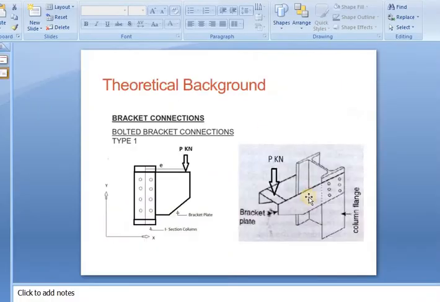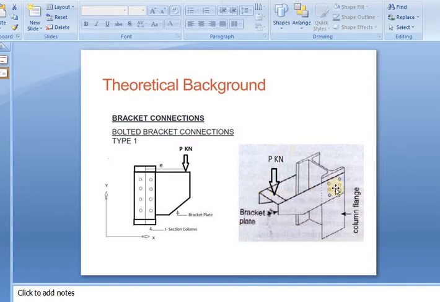So this is nothing but the I section, and it has been connected with a bracket plate, and a load has been applied at the ends. We have to design this section, and check how many bolts are required to take the load.